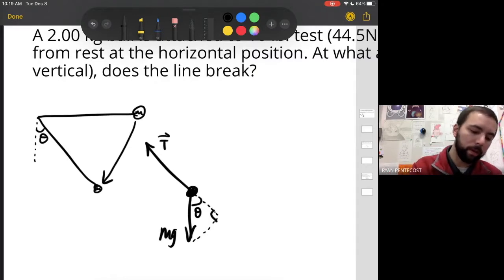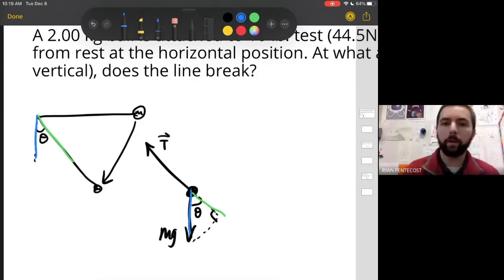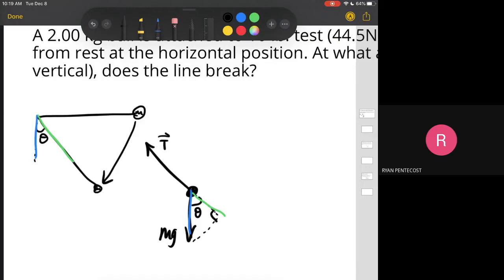Notice that the theta is going to be the same from our free body diagram and our drawing that we have there. So that's going to be convenient. I have to convert back and forth from theta to theta. So we want to know what is the theta that this is going to break.